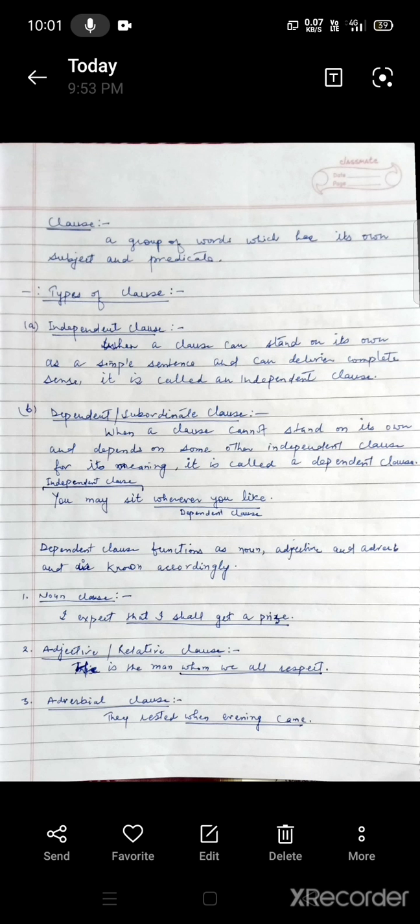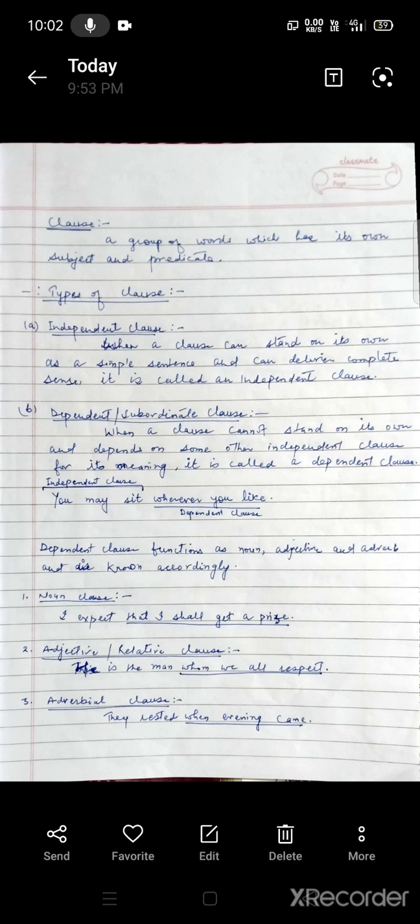So we can say that a single independent clause becomes a simple sentence, complete in itself, capable of delivering the complete sense. In that case, the clause is known as an independent clause. Then the other is the dependent clause.